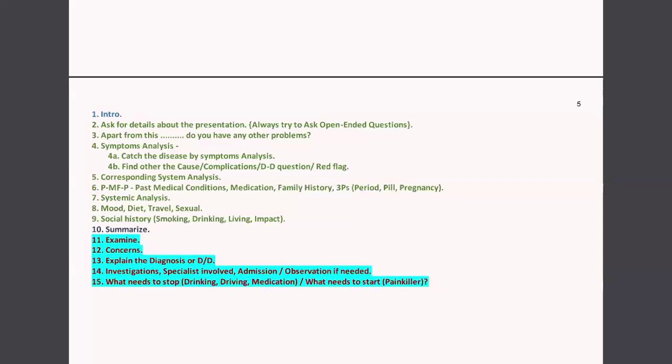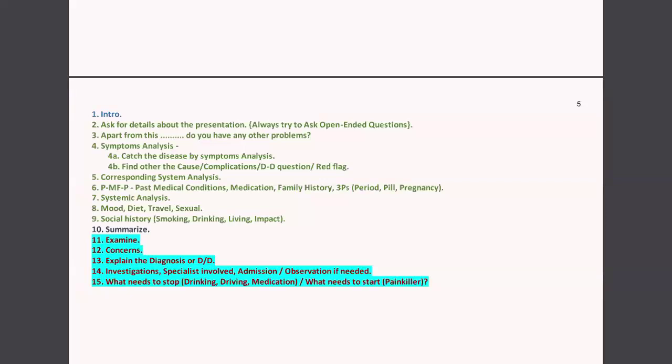I always prefer summarization. Summarization is very important. So for summarization, you can start it by saying, now I'm going to summarize what we discussed so far. Let me summarize what we discussed so far, and it's completely okay if you want to add or modify anything. Please do so.